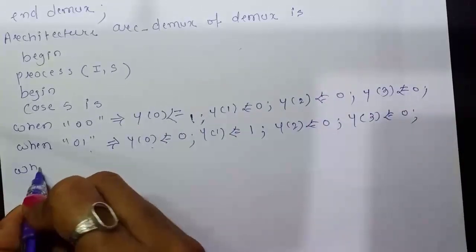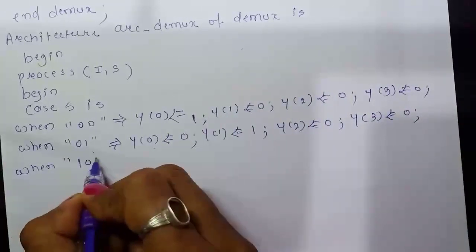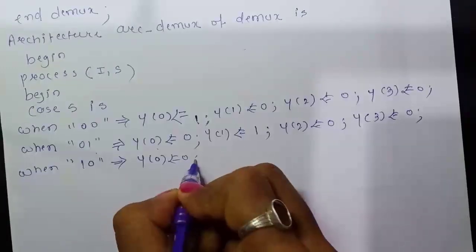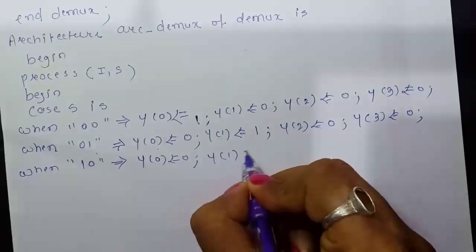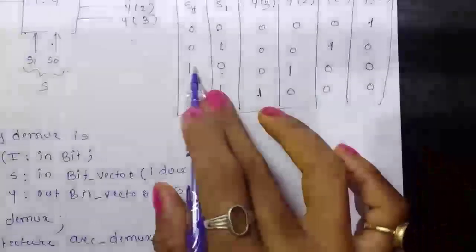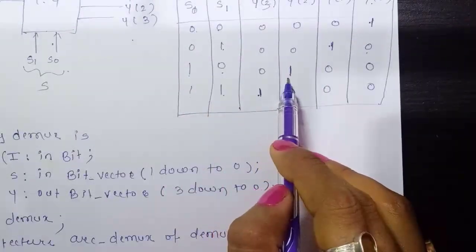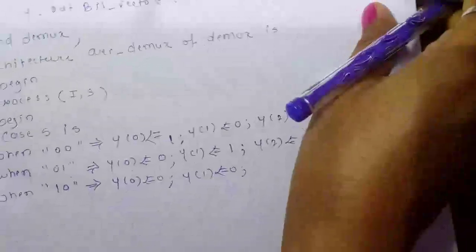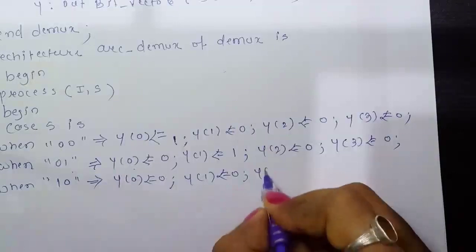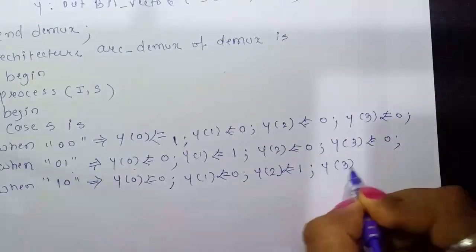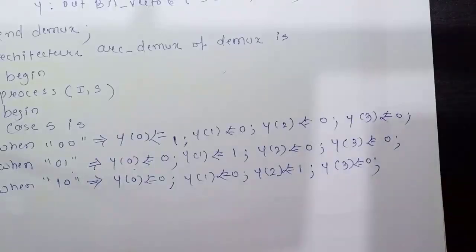Okay, when the selection line is 1 0, Y0 is assigned 0, Y1 is assigned 0, and Y2 is high and active. Okay, so Y2 is assigned 1 and Y3 is 0.